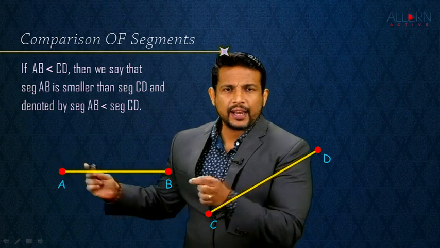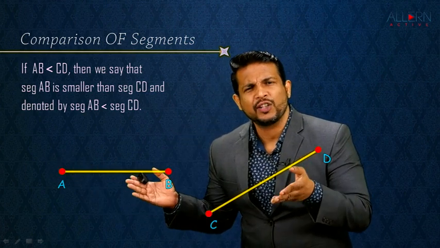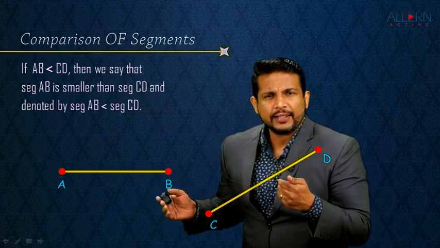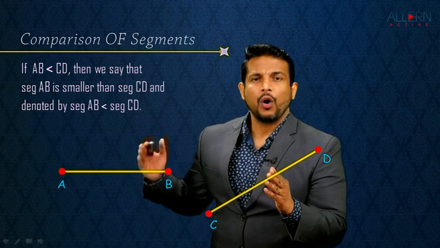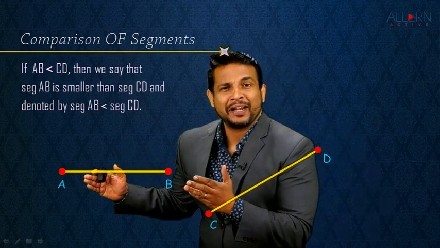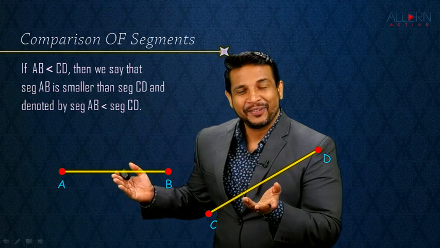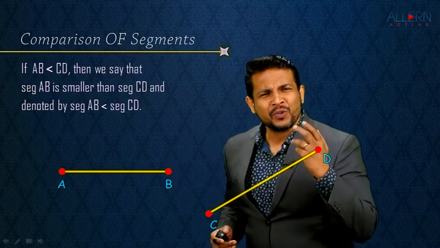If you take it up and place it over here, will it exactly coincide? No. This is smaller, this is bigger, right? That means here we can say that segment AB is less than segment CD, or is smaller than segment CD, or we say that segment CD is greater than segment AB. That means based on the length, we can decide whether one segment is greater than the other or not. Easy, that's so simple, right?